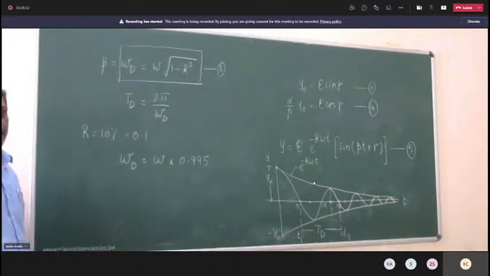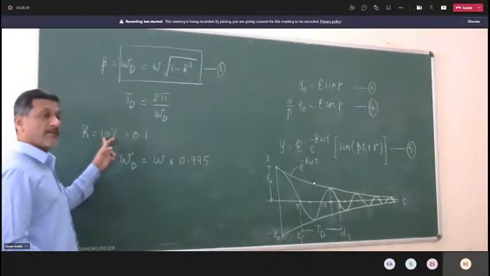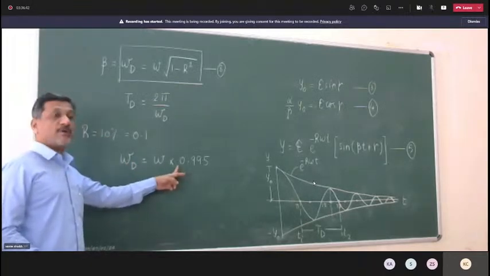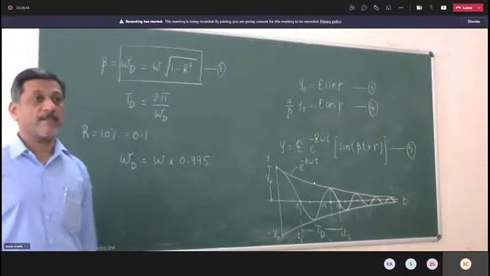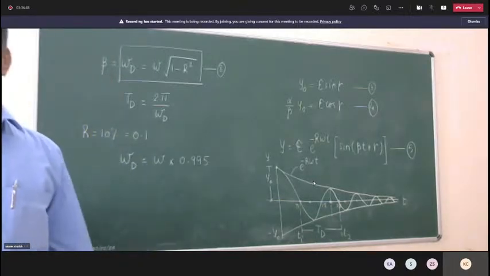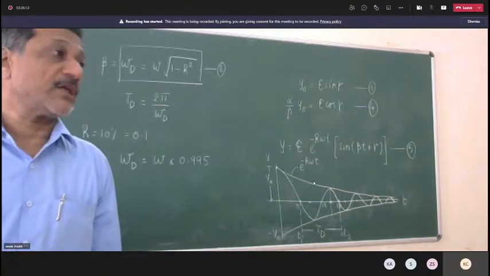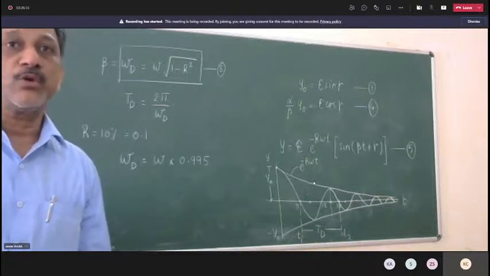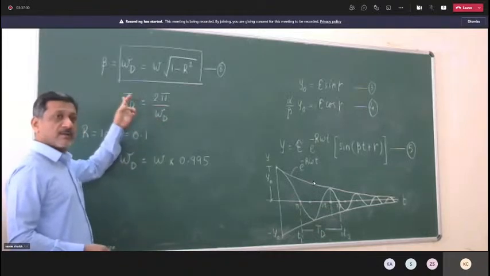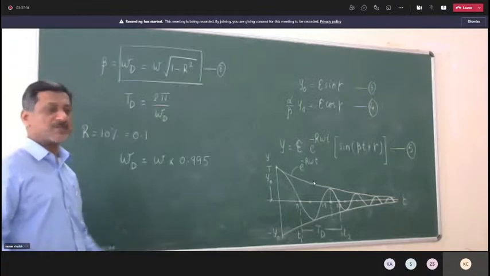So what's the conclusion? Even if you take the highest structural damping, even then the natural frequency of vibration is not much affected. So in civil engineering, the presence of damping is not going to affect the natural frequency. It's not going to affect the natural period also. If omega damped is not affected, T damped will also be the same as for the undamped system.